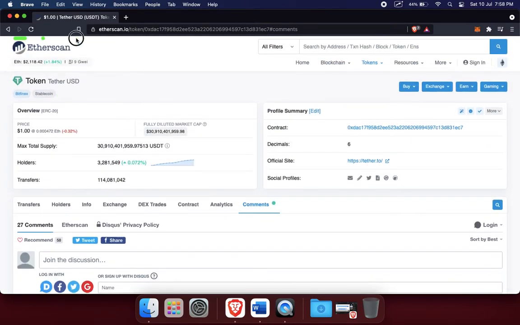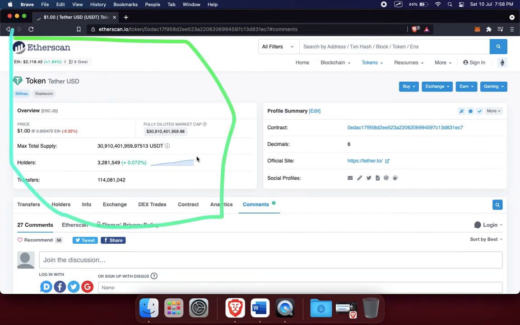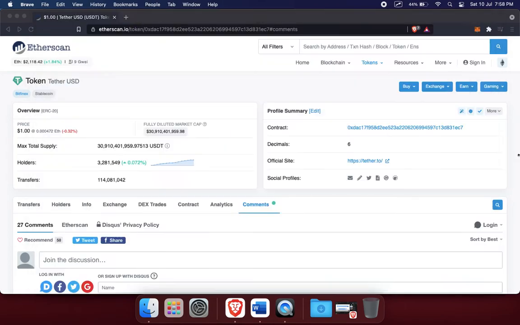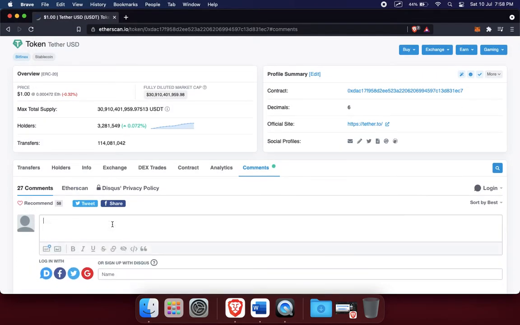Etherscan is just a blockchain explorer. It allows you to explore stuff here. But comments are pretty meaningless in my opinion. They don't really give you much information. Anybody can join the discussion and add some comments, and that's pretty much it.